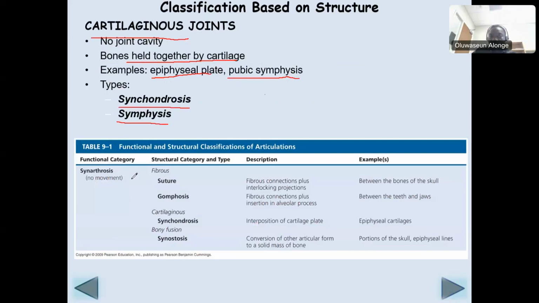So when you look at the fibrous joints, we have the sutures, like we said, and the gomphosis. Then cartilaginous, we have the synchondrosis, which is where you see the epiphyseal cartilage, the epiphyseal plate. Then synostosis is when there is conversion of the articular form to a solid mass. You see it in portions of the skull and in the epiphyseal area.